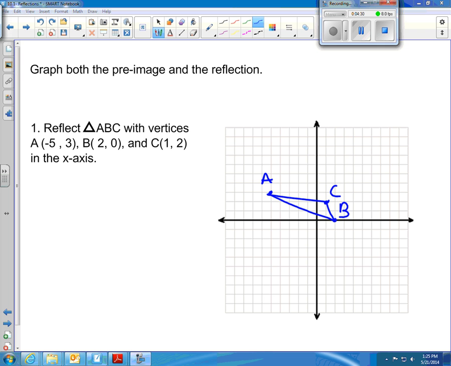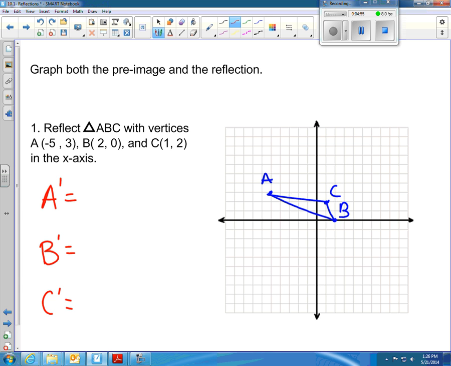Okay, you want to make sure that you label your vertices, because we're going to label them when we do our new points, and so we want to be able to tell the difference. So ABC is a triangle and labeled as such. If you haven't labeled yours, go ahead, I want you to label it again. Now I want you to pick up a different colored writing utensil. So colored pencil would be preferable here.